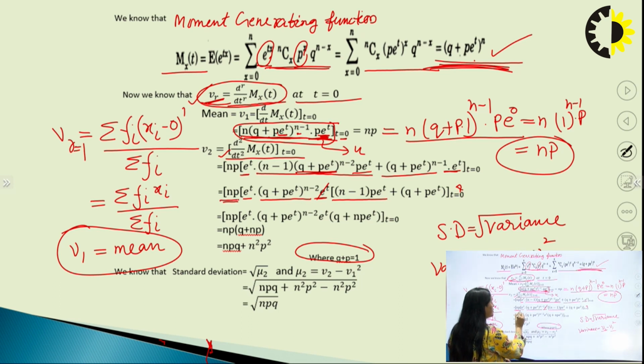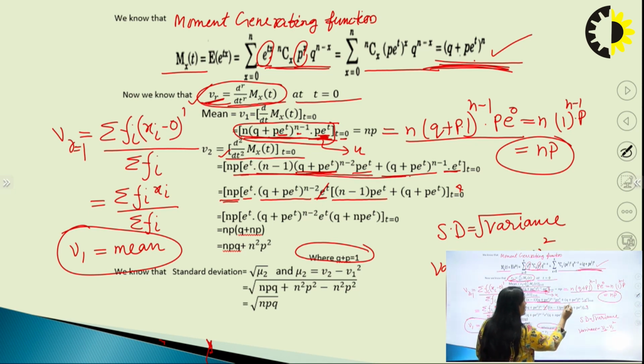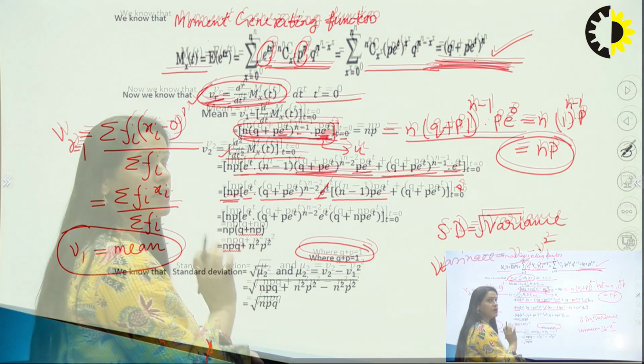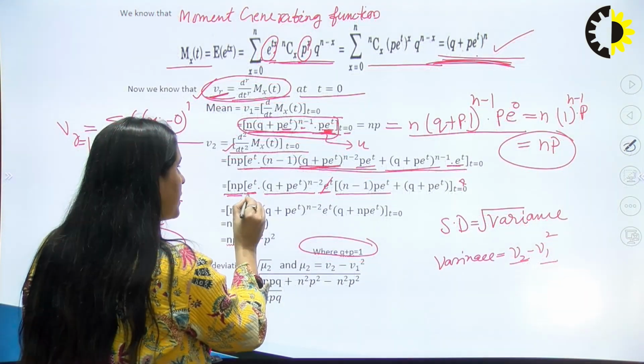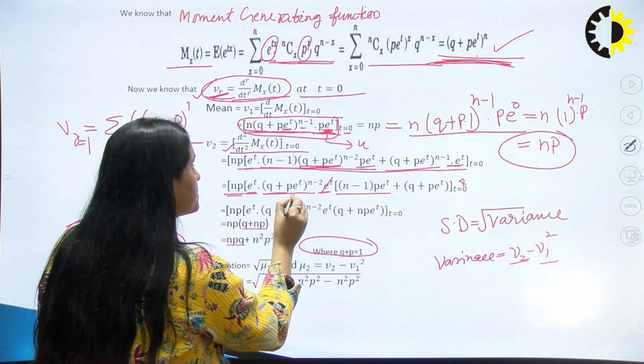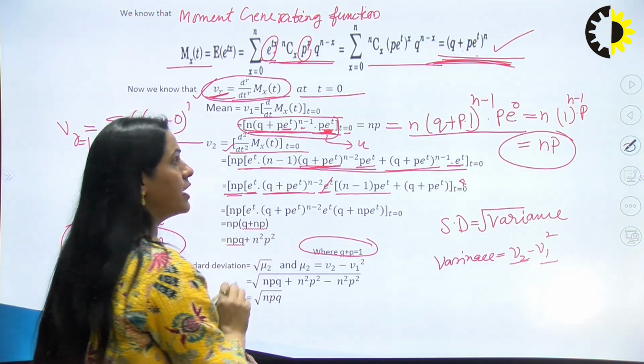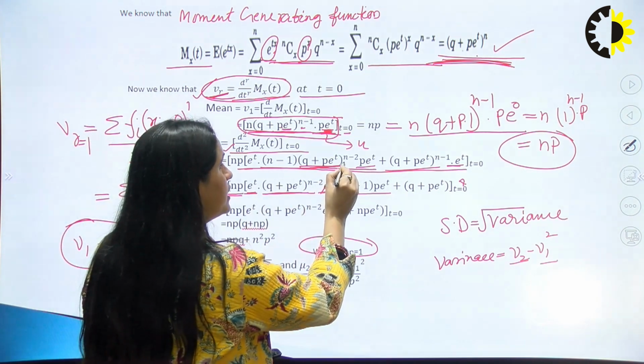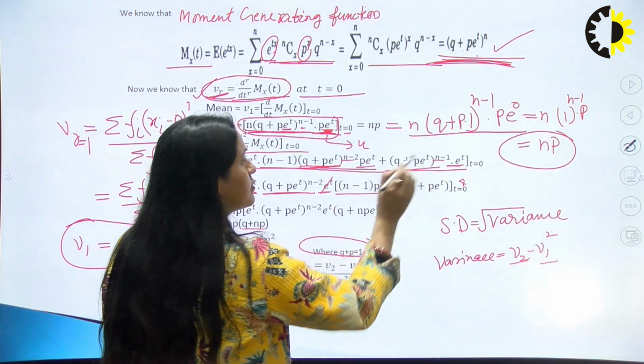I have taken out np, which is outside from the complete factor, and then again I am taking common e to the power t and (q plus p e to the power t) whole to the power n minus 2. Please pay attention. Here it is n minus 2 and here it is n minus 1.